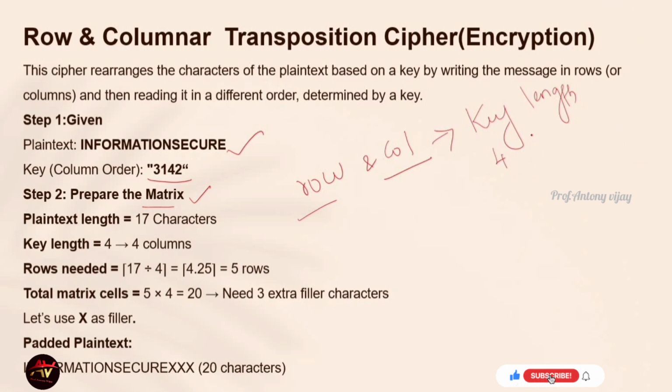So 4 columns are needed, and we have 17 characters. Now we have to find how many rows are needed for this matrix. To find that, we divide 17, the total number of characters, by the number of columns, and you get 4.25.